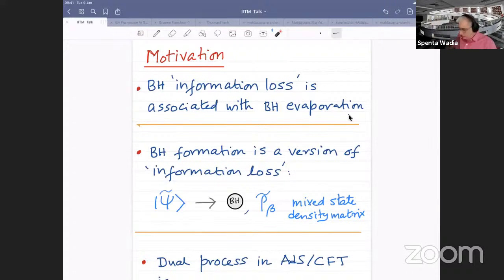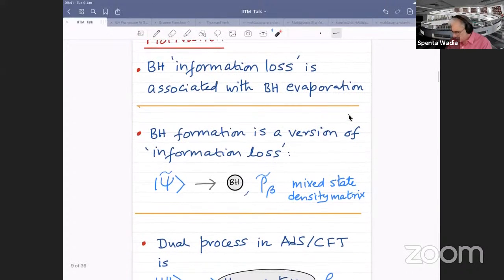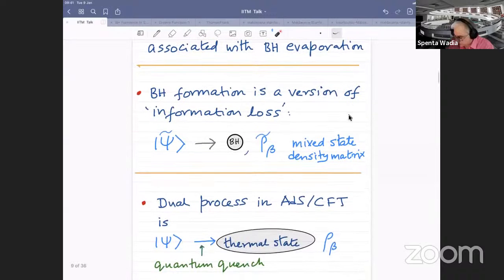So I just wanted to turn the question a little bit around: black hole formation is also a version of information loss. Because you would be starting with some pure state, and it evolves into a black hole, which is classically described by solutions of Einstein's equations, and its quantum mechanics essentially is described in terms of a mixed state or a density matrix.